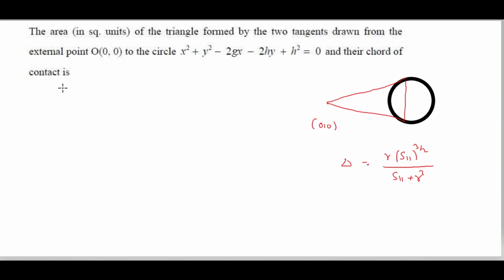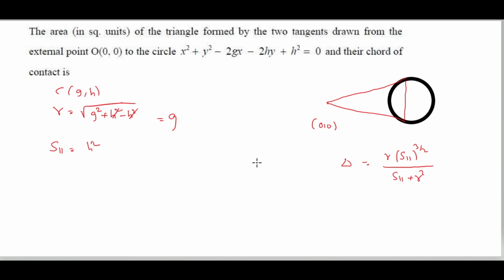Here the center of the circle is g comma h, and the radius of the circle is under root of g square plus h square minus h square. h square cancel, that is root g square, that is equal to g. And S11, substituting 0 comma 0 in the circle, 0 square plus 0 square all value 0, that is h square.